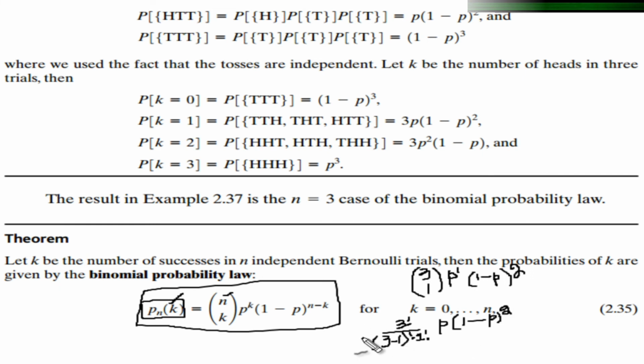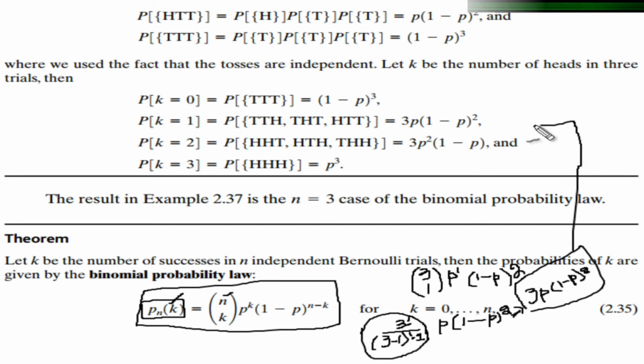By simplifying this, you will see that it is equal to 3, so you will end up with 3p times 1 minus p whole squared. This is the result for one success, and you can see that the same is written here.